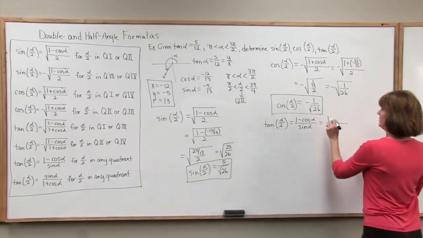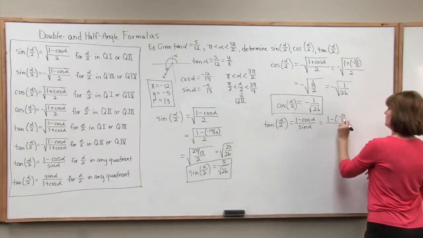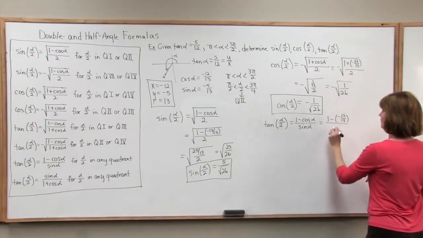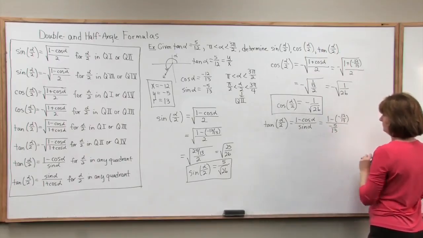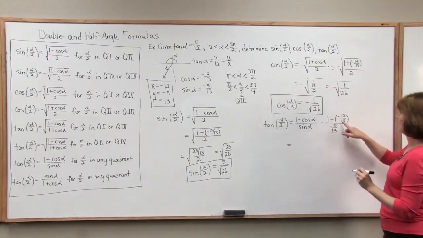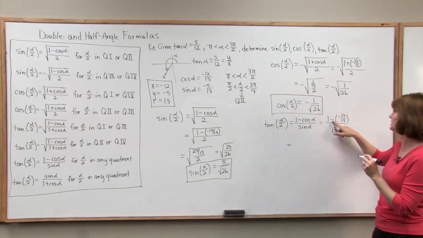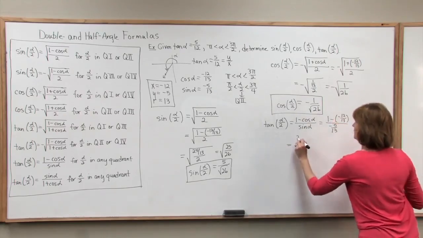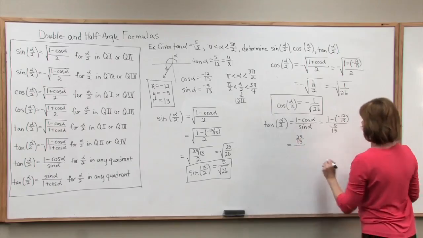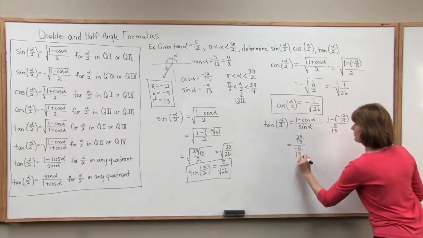Cosine of alpha was negative 12 over 13. Sine of alpha was negative 5 over 13. So again, this is the same thing as 1 plus 12 thirteenths, which is 13 over 13 plus 12, so that gives me 25 over 13 over negative 5 over 13.